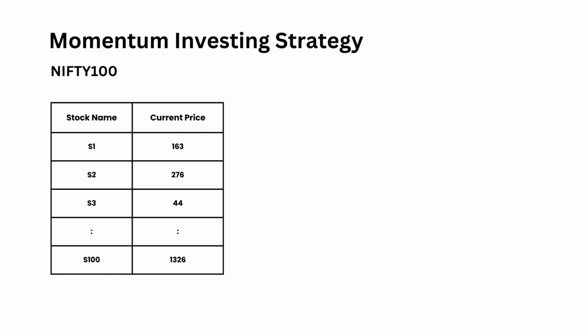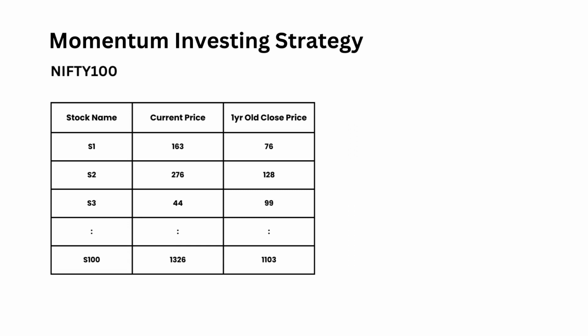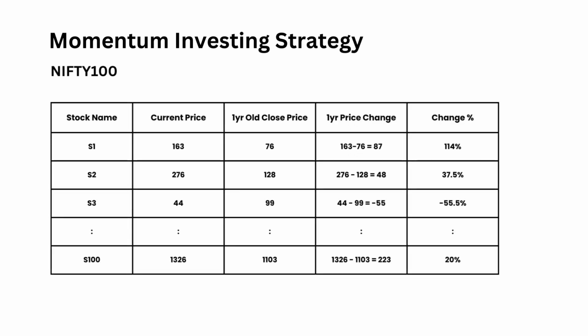In order to calculate the price momentum of the stocks, we have to get the 1-year-old close price of every stock. Once we have the current price and the 1-year-old close price, we can easily calculate the difference between these two prices, and from there the change percentage of each stock. Then we sort it in descending order, so that the highest change percentage shows at the top of the list and the lowest at the bottom.